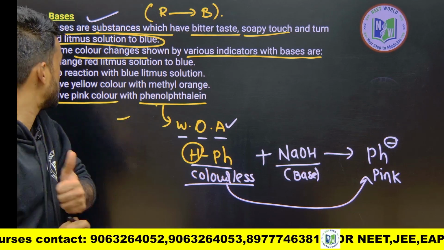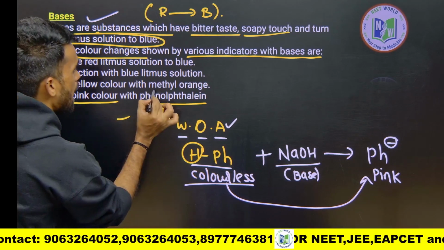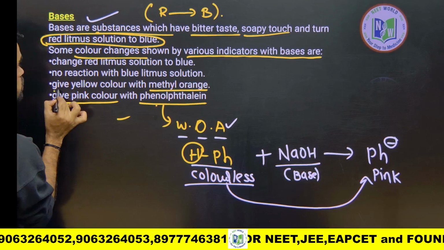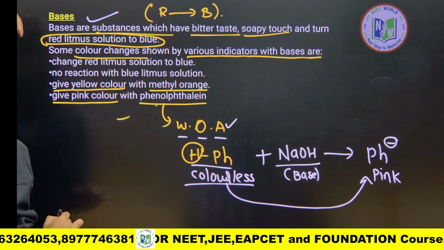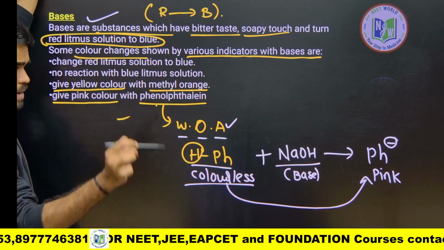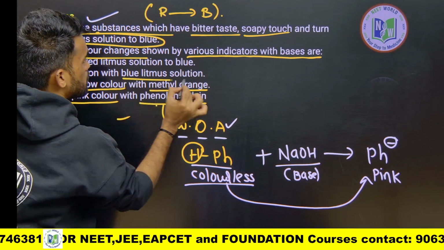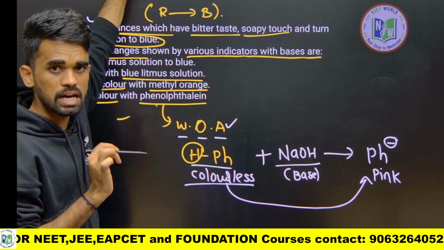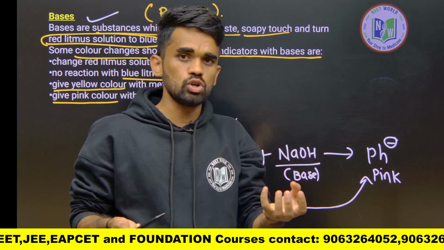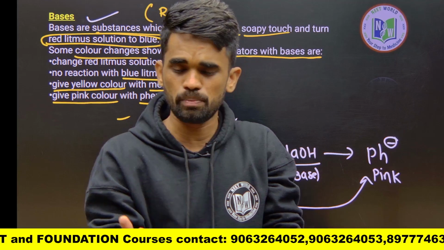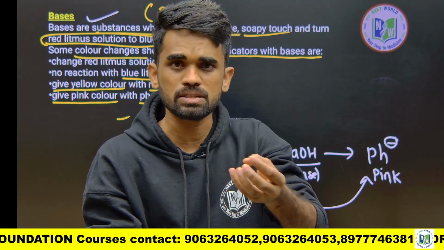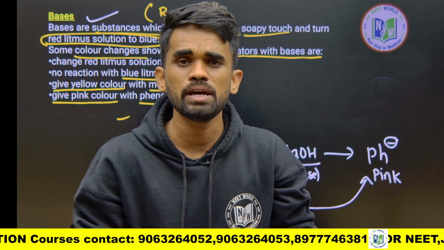You should remember this point. Similarly, when we add methyl orange, it gives yellow color. You need to remember this. Then next, when we add base to blue litmus, there is no change in color. If we add the base to blue litmus solution, there will not be any change.